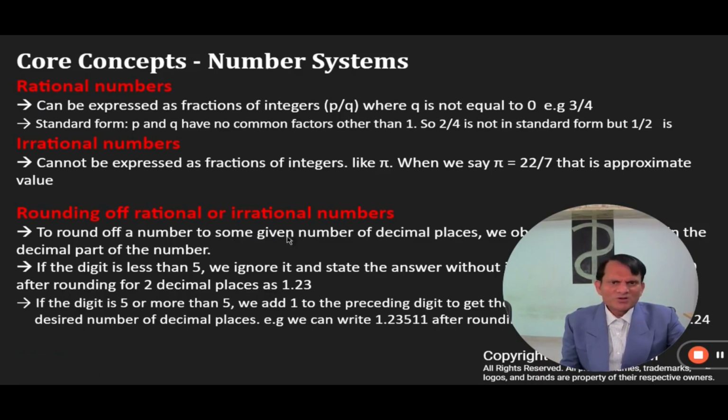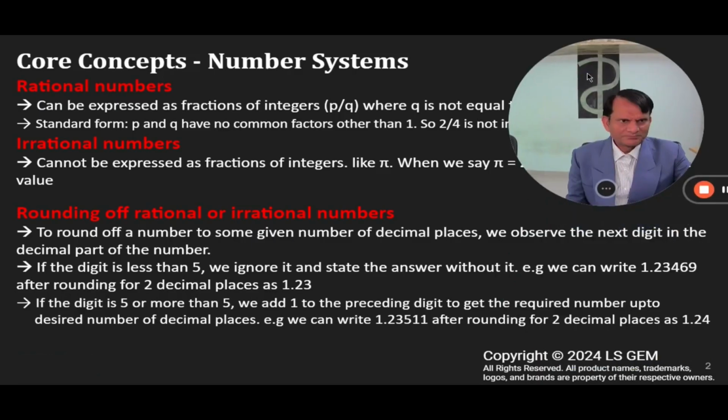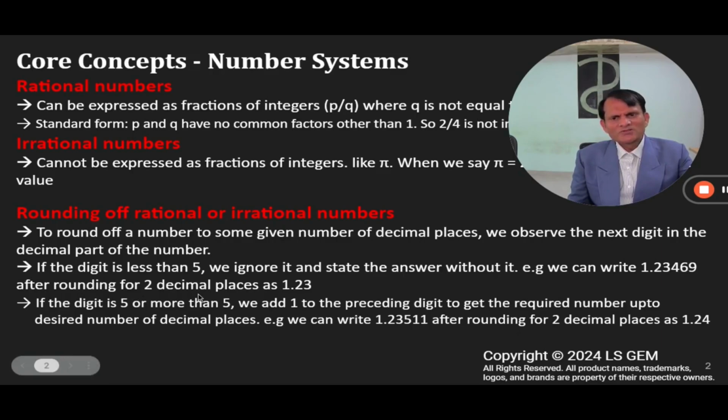Rounding of rational numbers or irrational numbers. To round off a number to some given number of decimal places, we observe the next digit in the decimal part of the number. If the digit is less than 5, we just ignore it and write the number without it. For example, 1.23469. After rounding to two decimal places, we write 1.23.